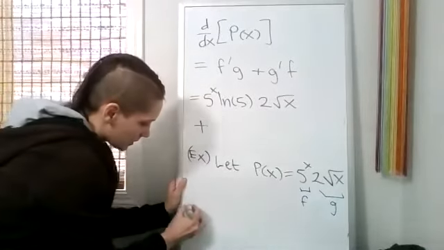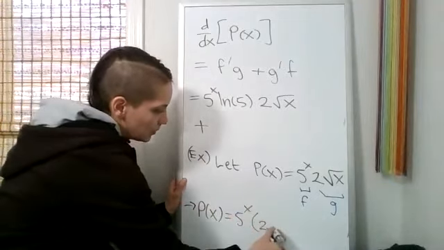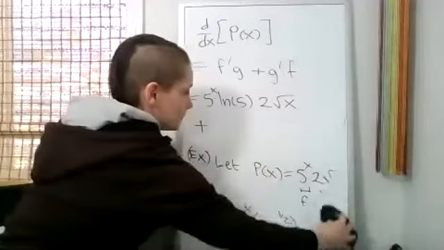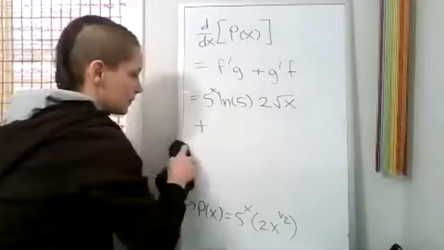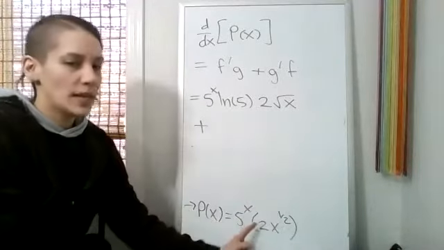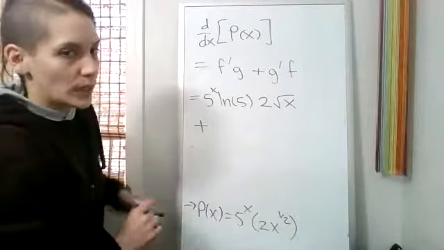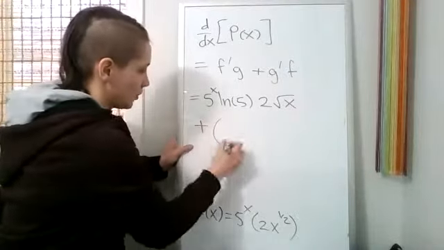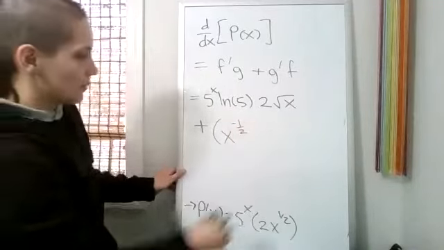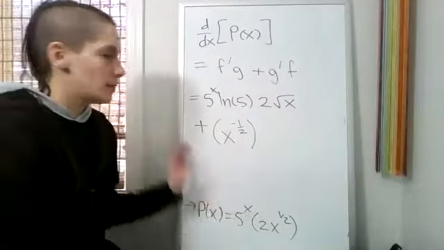So this will be 5 to the x times 2, x power 1/2. So derivative of g will be 1/2 times 2, x to a negative 1/2. So that 1/2 times 2 is a 1, x power negative 1/2, g prime times function f, 5 to the x.